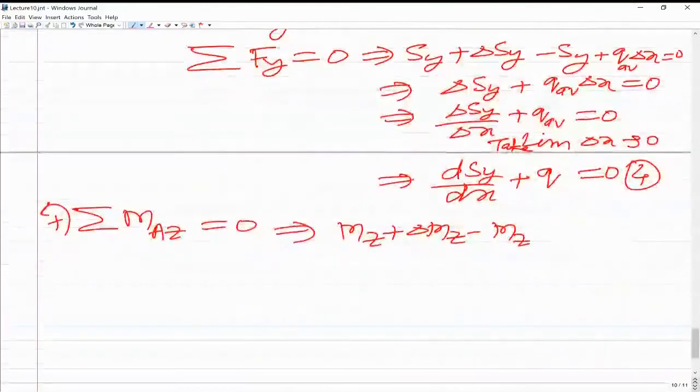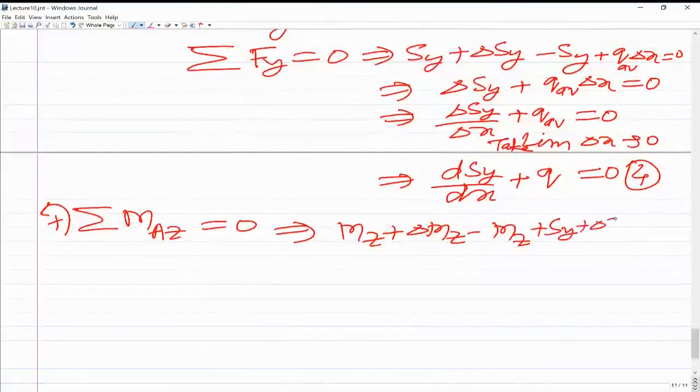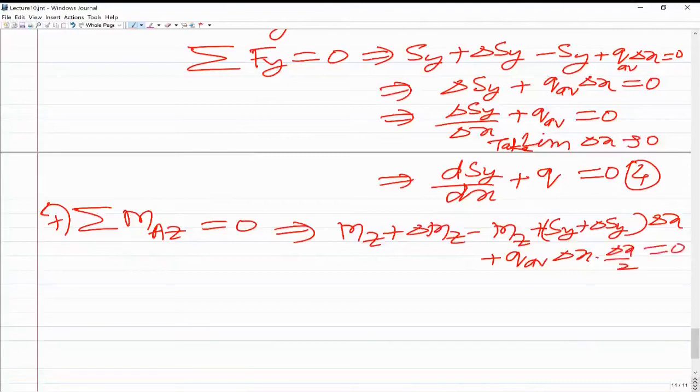So you will have Mz plus delta Mz minus Mz, and plus you will have this Sy plus delta Sy into delta x, and then plus, I'm taking q average into delta x as the force, and you can assume that it is at a distance delta x by 2, this is equal to 0.